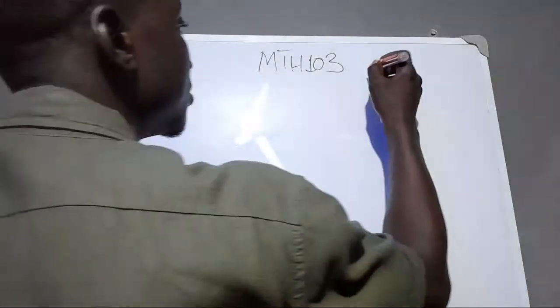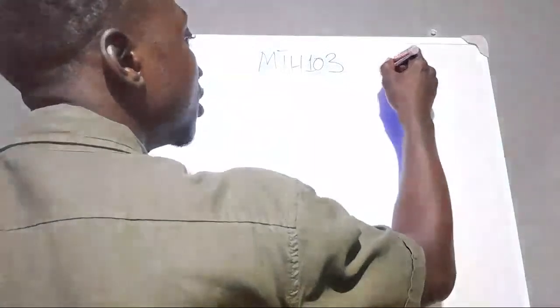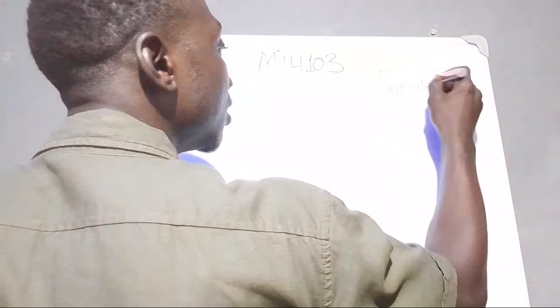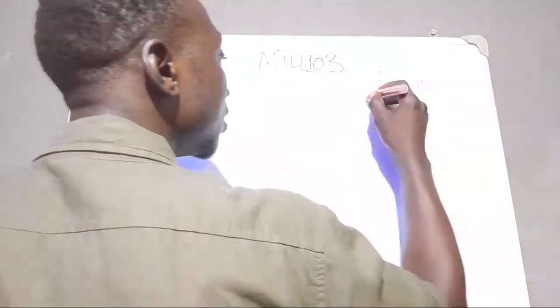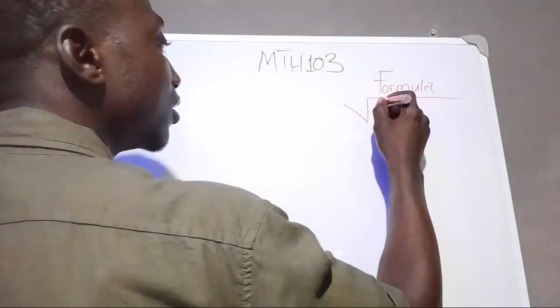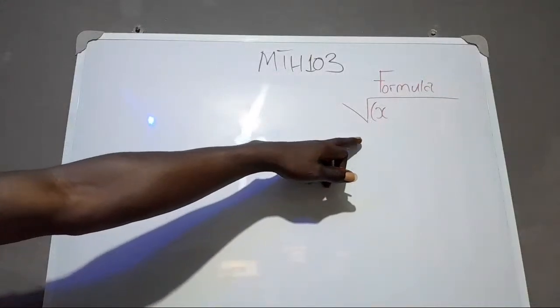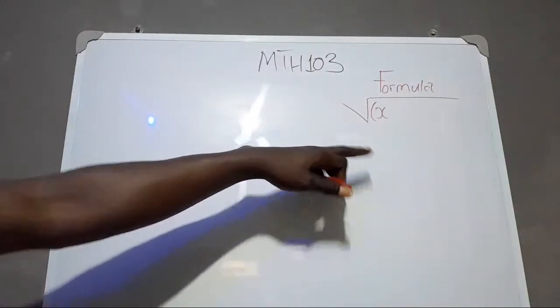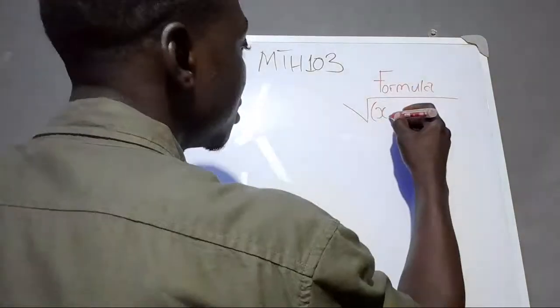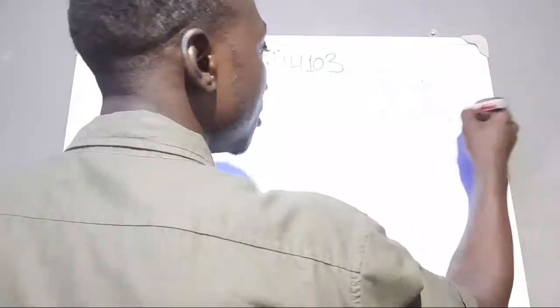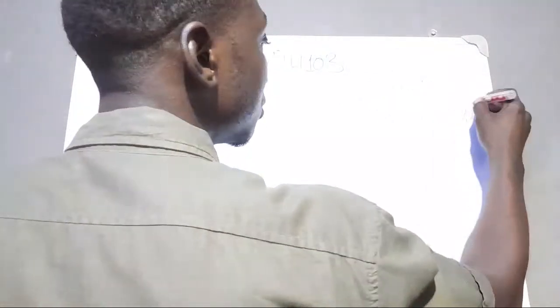So we have the formula. I'm writing out the formula: x2 minus x1, close bracket squared, plus y2 minus y1, close bracket squared.